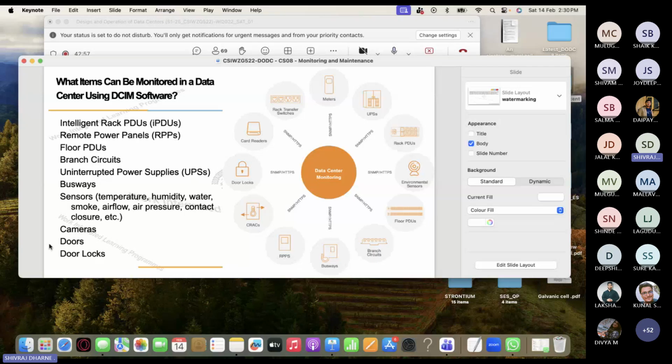There are different types of busways: feeder busway, plug-in busway, and others. Please look at those, just for information. It is important in modern AI data centers that you take care of this, because AI racks may require a lot of power per rack, and they may need three-phase power supply, and we may have to frequently reconfigure it.